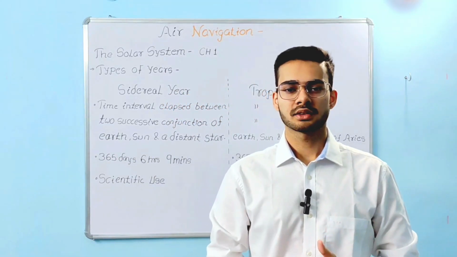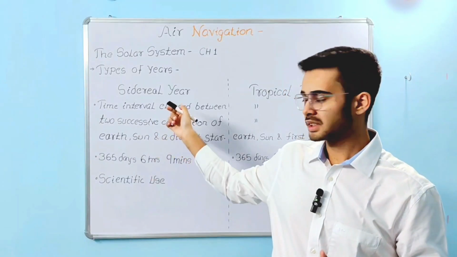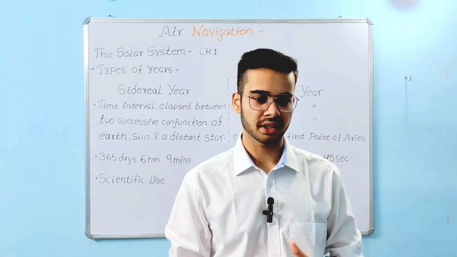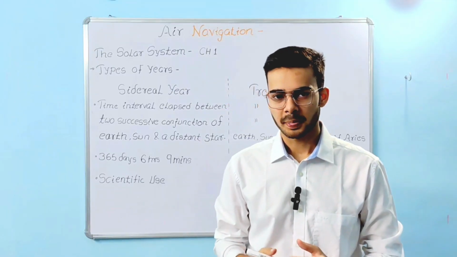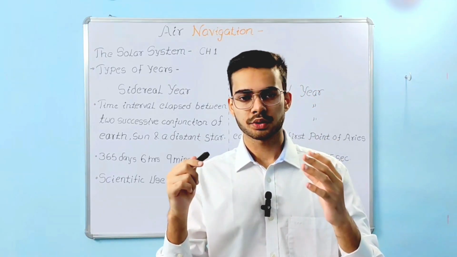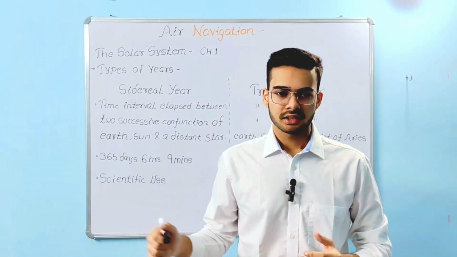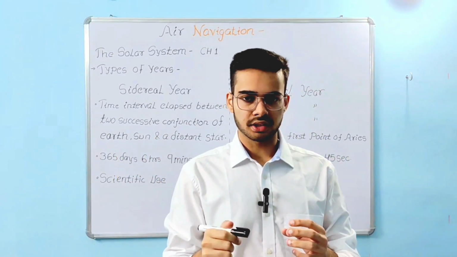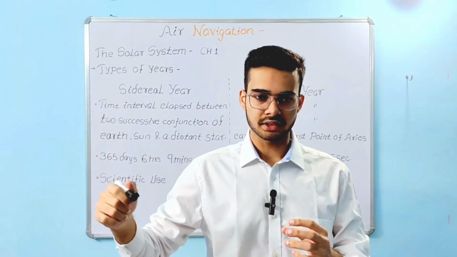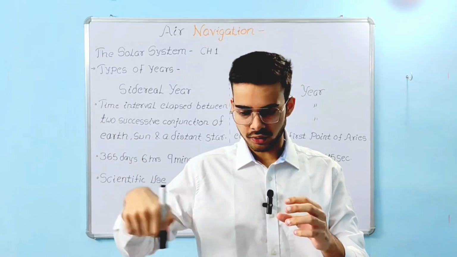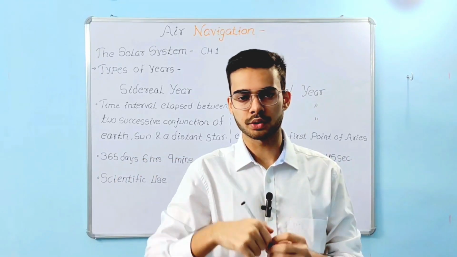Now let's understand what's this sidereal year and what's the tropical year. What's the meaning of this? What's the essence of this? So, the sidereal year comes into use for the scientists as it is the exact point when the Earth, Sun, and the distant star align, and this gives the accurate value of one completion of revolution.